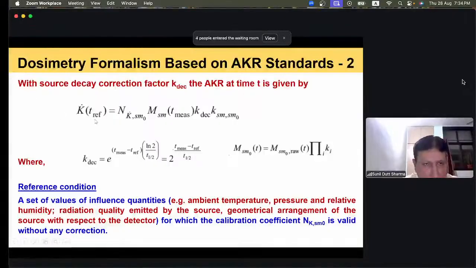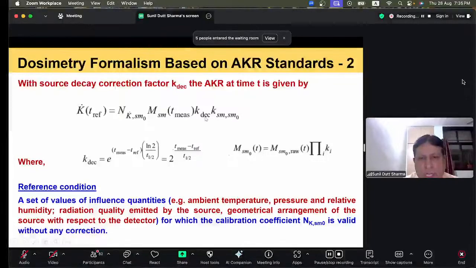So if I need to calculate the source strength at a given reference time and the data has been taken at a measurement time t measure, and this is the calibration coefficient, it could be in terms of RAKR or it could be in terms of AKS given by the standard laboratory.